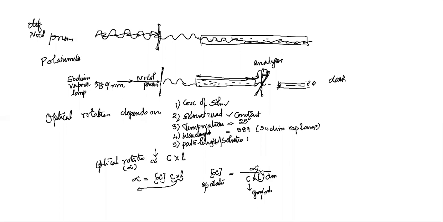So specific rotation is the observed rotation when plane polarized light is passed through 1 decimeter of the solution. Remember, path length is always expressed in decimeters, dm, 10 centimeters, of a solution having a concentration of 1 gram per ml.